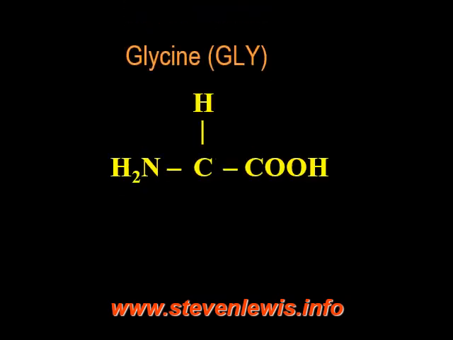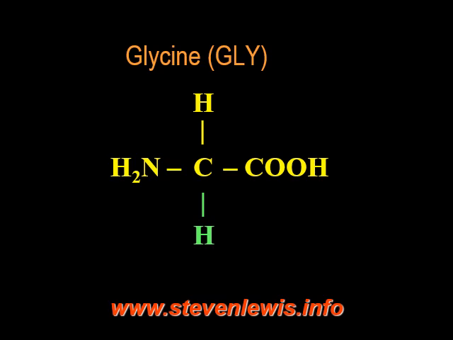Now let's look at some examples of amino acids. The simplest of all the amino acids is glycine, whose side chain is merely a hydrogen atom. All the amino acids have a 3-letter designation, usually the first 3 letters of their name.